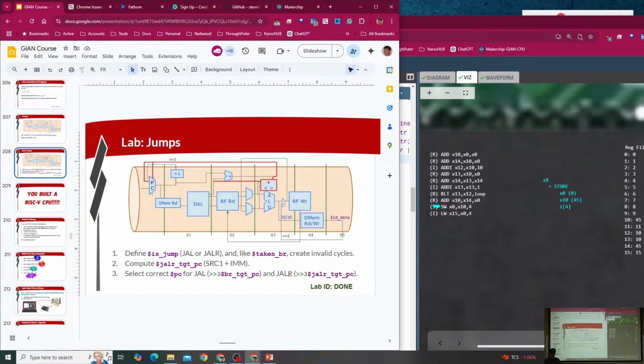And then for JALR instructions, you want to use the new calculation that we just did, this JALR target PC, this adder. Sorry, I was jumping around a little bit, but is that all clear, the behavior of jump and what we need to implement?